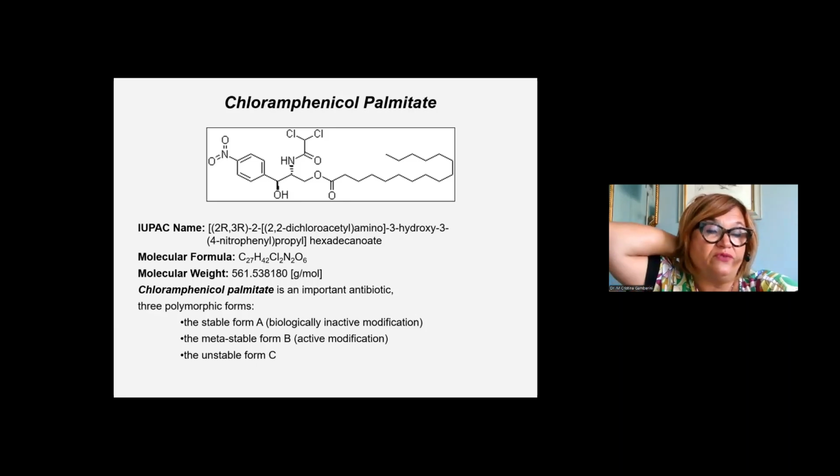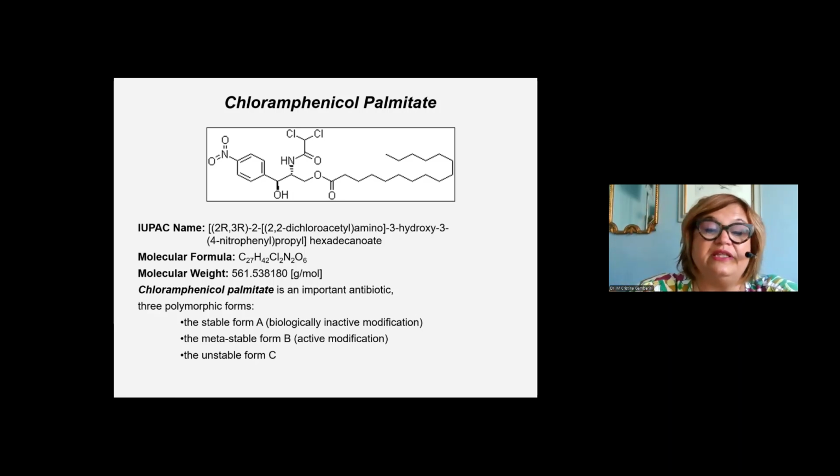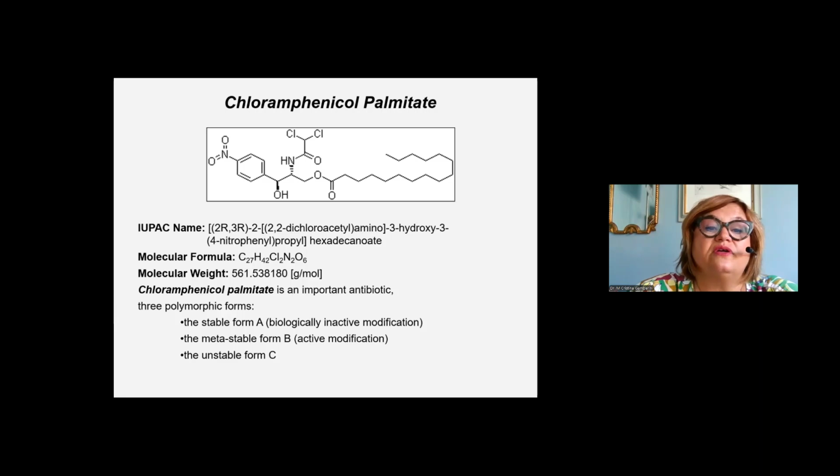polymorphs, and you have to crystallize in really different ways, and try also different crystallizations. And usually these crystallizations are bound with patents. So, for example, in this case, form A was a stable form, and it is biologically inactive, and B is a metastable form.